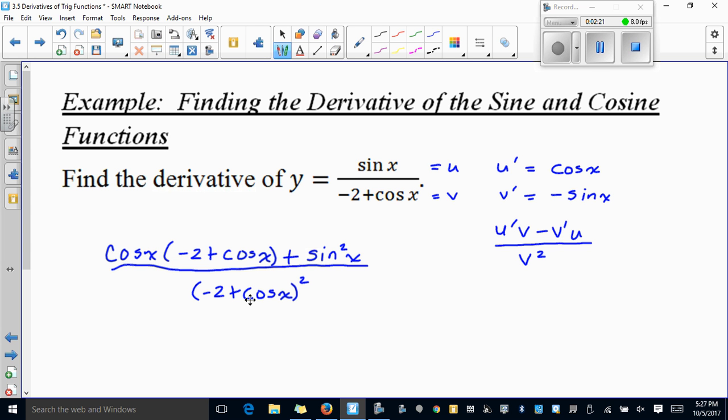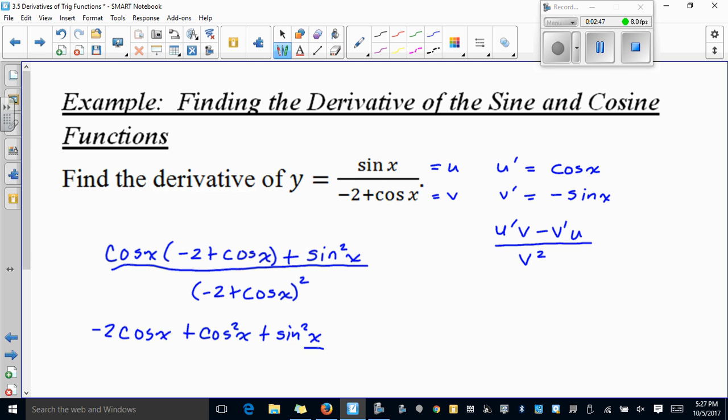So let me distribute my cosine through, and that's going to give me cosine of x times negative 2, which is negative 2 cosine of x, plus cosine squared of x, plus sine squared of x, all over negative 2 plus cosine of x squared.